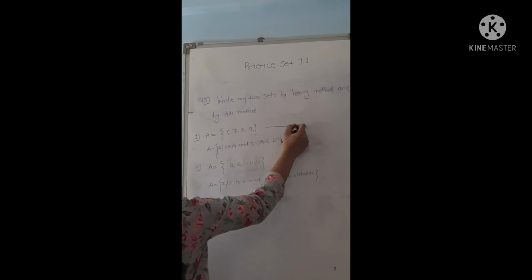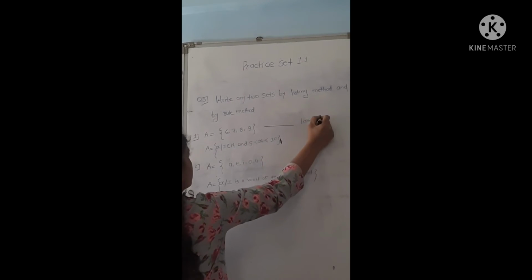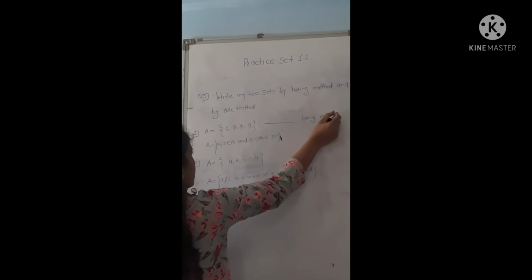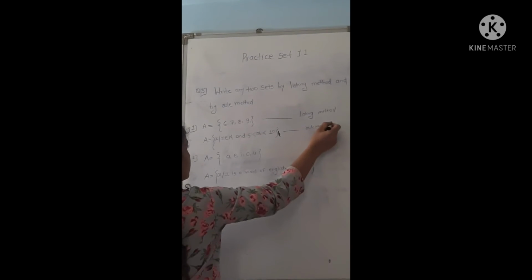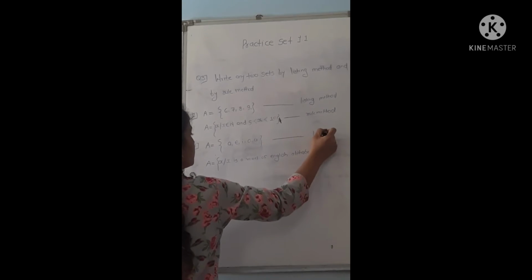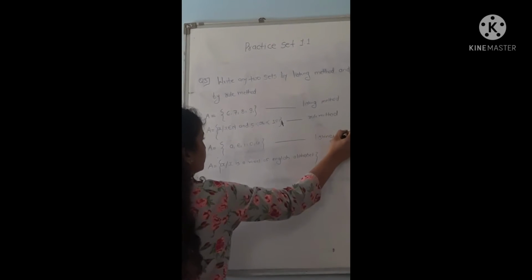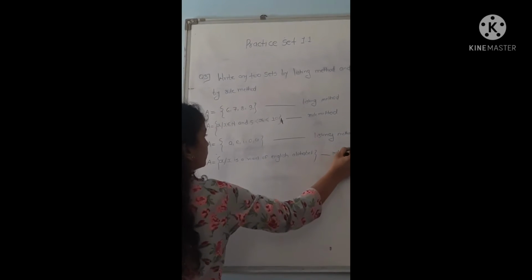This is the second example of listing method, and this is rule method.